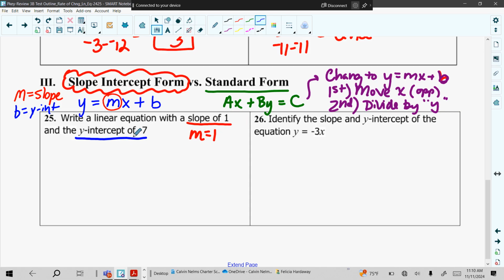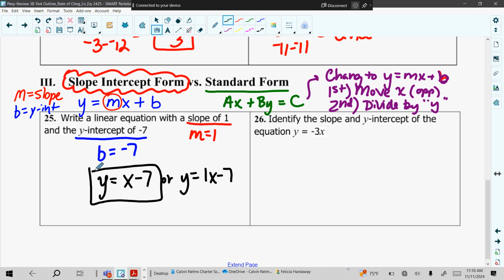And the y-intercept represents what part? So your b equals -7. So y equals x minus 7. Or if you wanted to write 1x minus 7, that's fine, but this is how it would be written on a test. They don't show the invisible one.